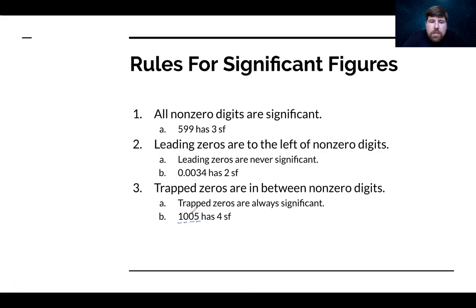We know this zero and this zero are significant because they're in between the 1 and the 5. So when we're trying to identify if a zero is significant, it's all about its placement compared to other numbers.